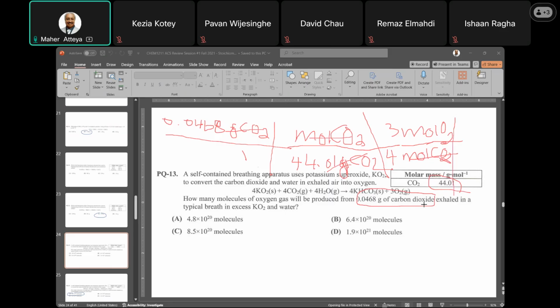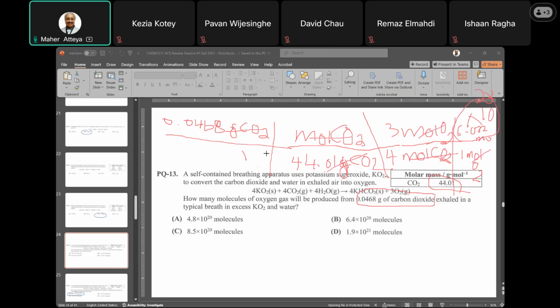Now 1 mole of O2 is Avogadro's number, 6.022 times 10 to the 23 molecules per 1 mole. So the mole cancels out.